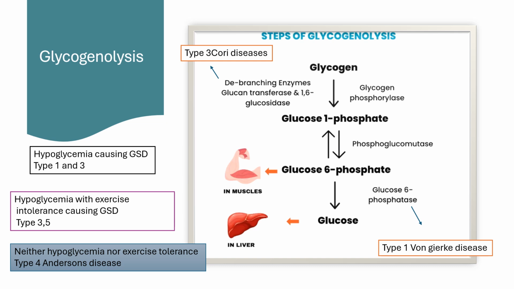Then this glucose 1 phosphate is converted into glucose 6 phosphate via phosphoglucomutase, and this is a reversible step. And this glucose 6 phosphate gets converted into glucose via the enzyme glucose 6 phosphatase.